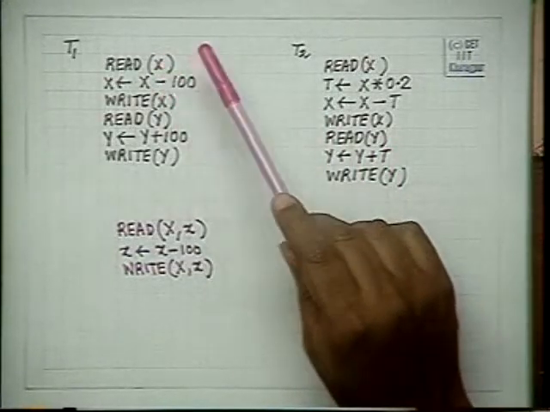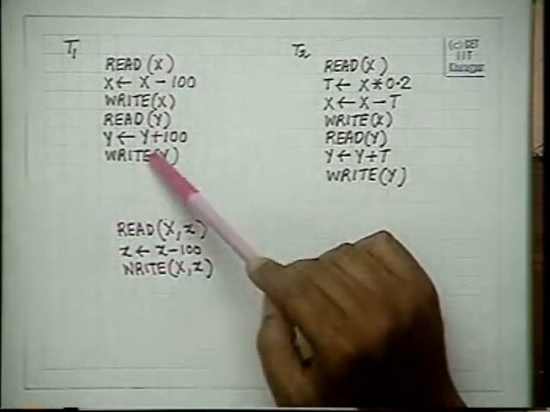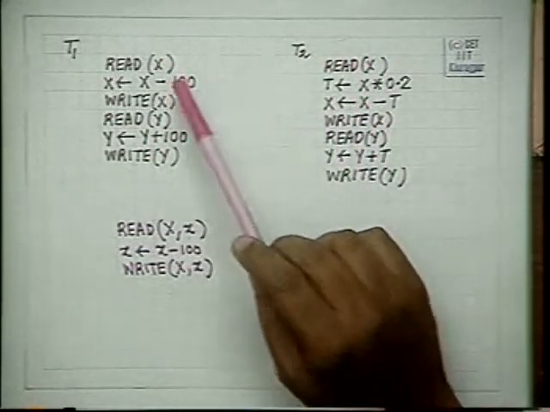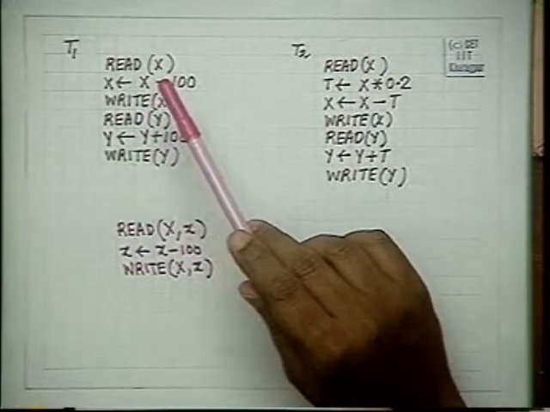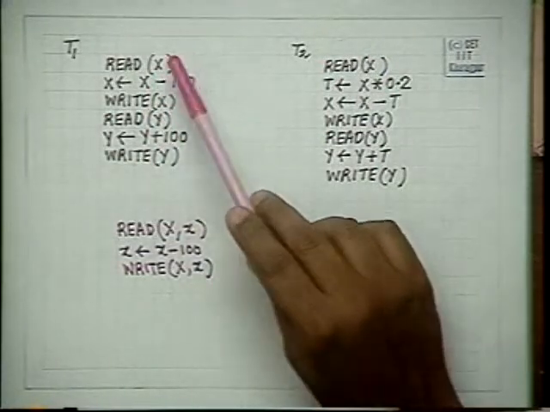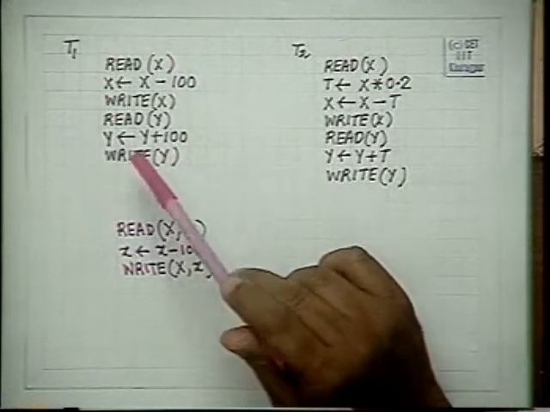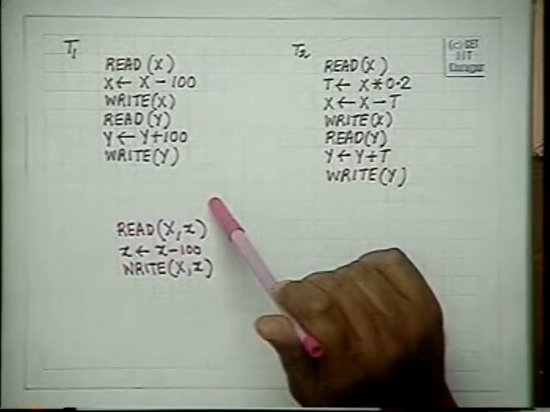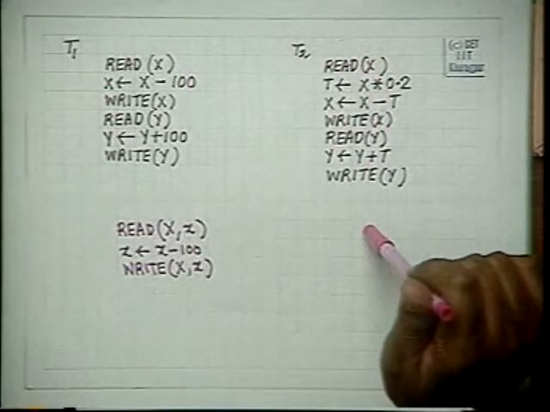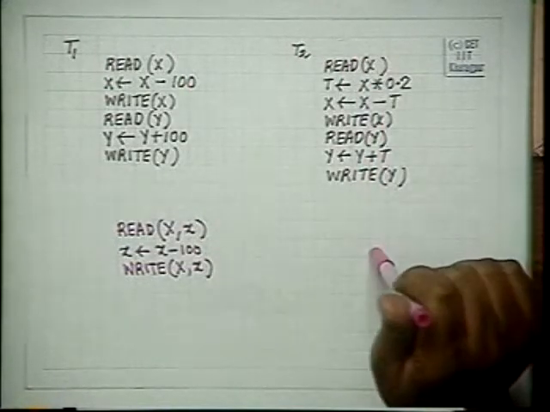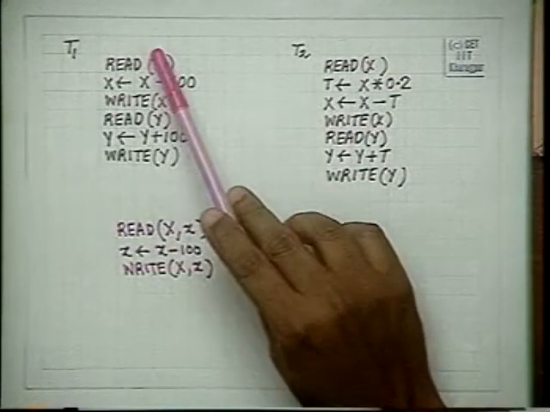Now it does not matter to us whether T1 runs before T2 or T2 runs before T1. Both of them are correct and consistent. It just means that after T1 the value of x plus y must be the same as before it executed, and after T2 the value of x plus y must be the same as before it executed.